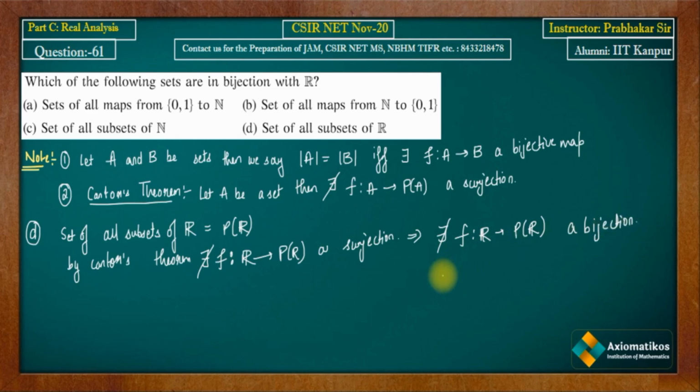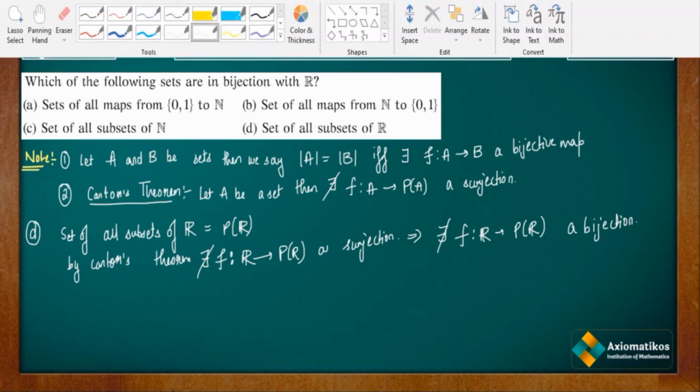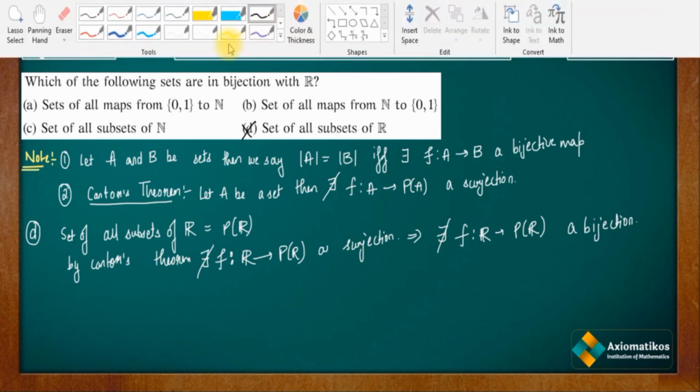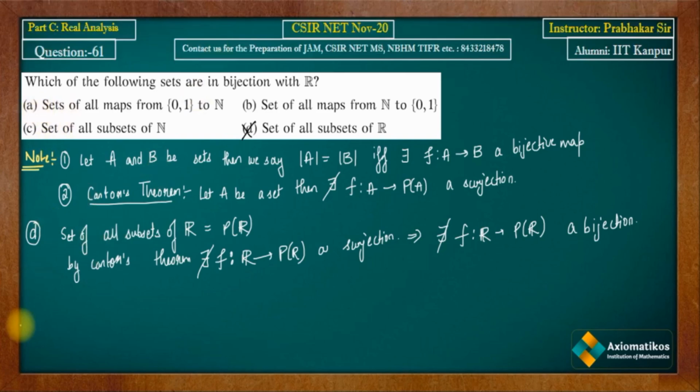So it finally proves that the set of all subsets of R does not have any bijection with R. Therefore statement D I can directly mark as incorrect.